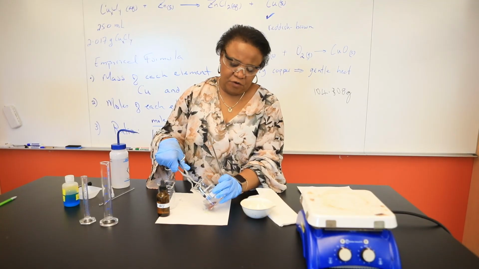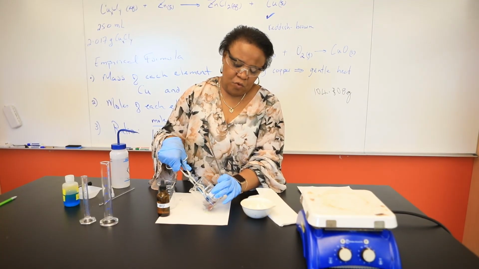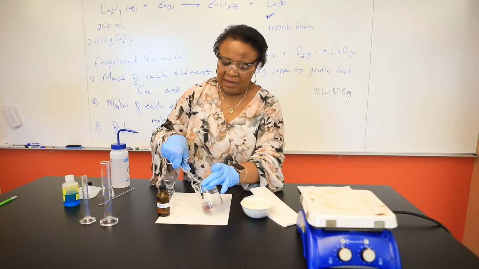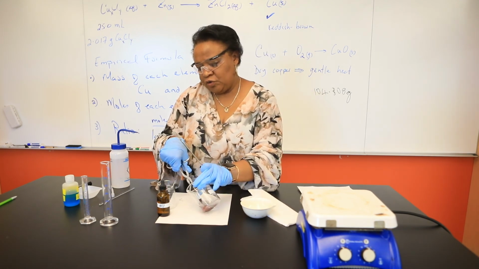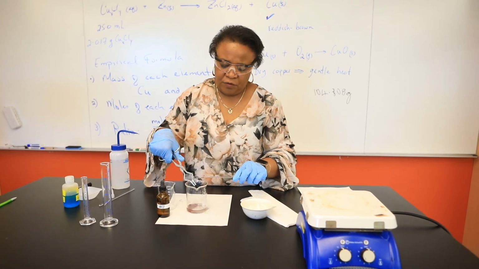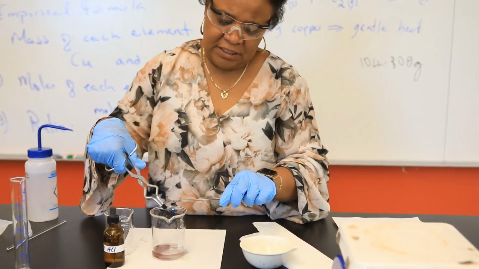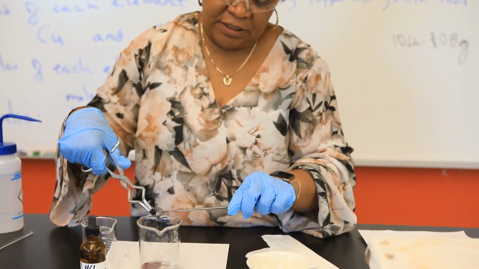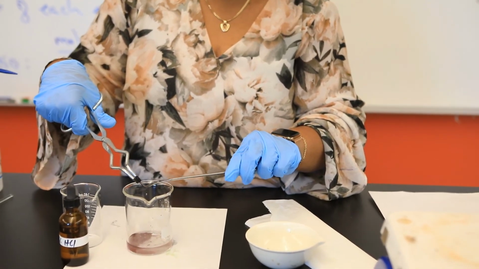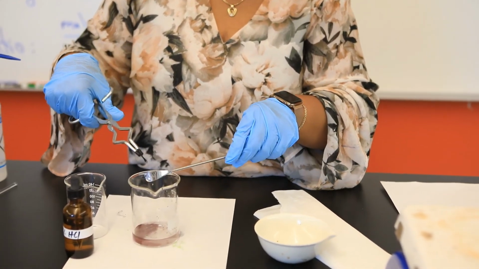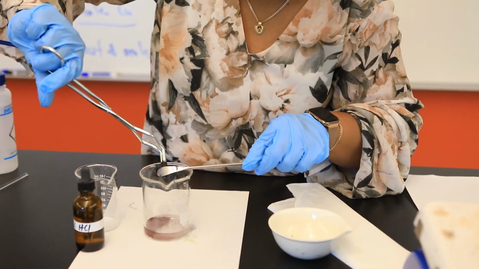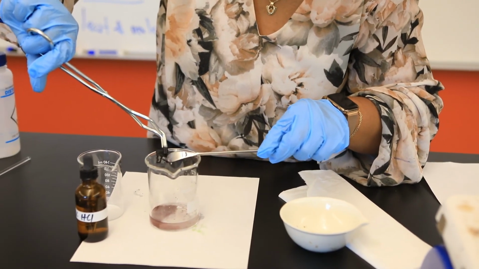Alrighty, so with the aid of my tongs, I removed the zinc metal from our solution. And using our spatula, I removed as much copper as possible. The goal here is to make sure that we remove all of the copper metal.